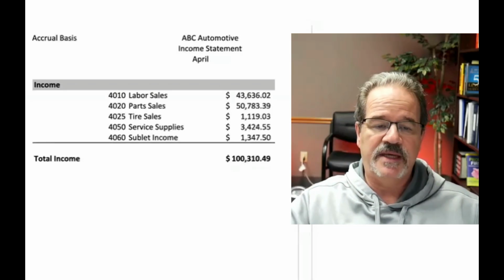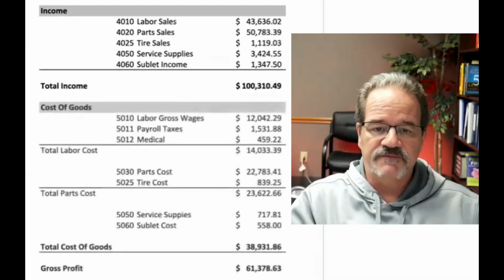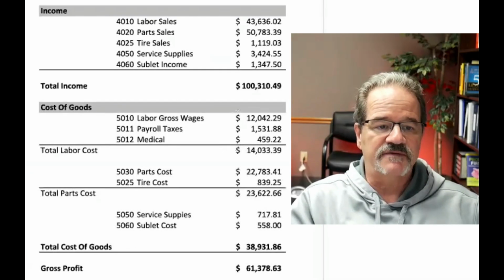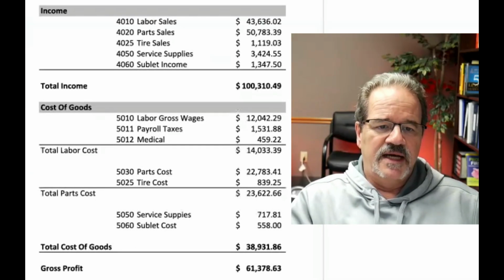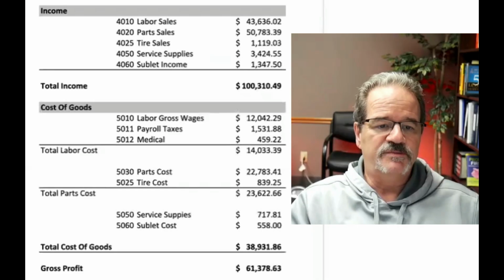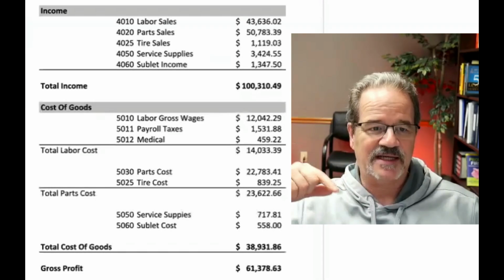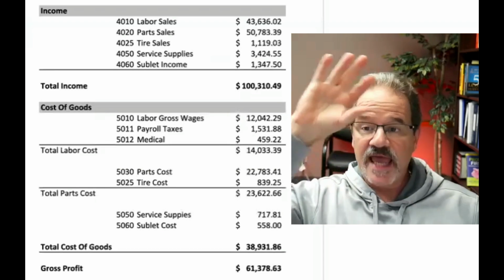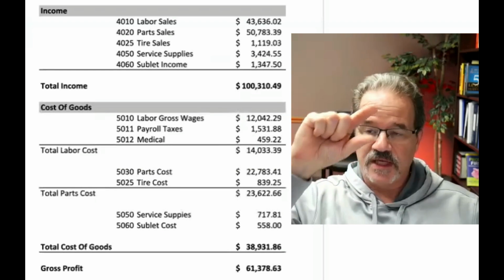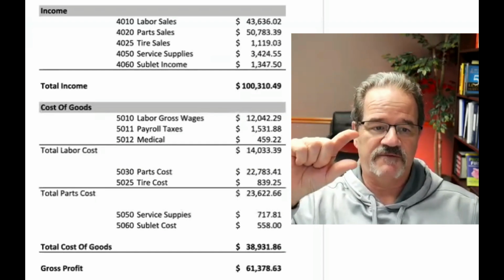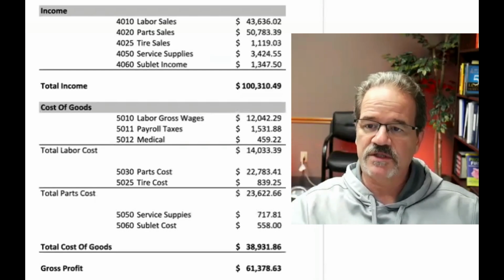The next part of the P&L is called cost of goods, or cost of sales. I remember years ago, my accountant always put numbers on things, and it made me think about that, because for every sale category, there should be an offsetting cost of goods category.